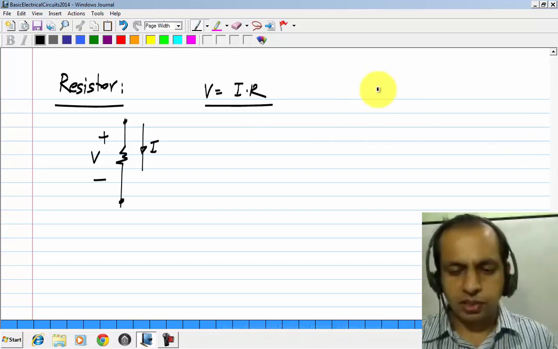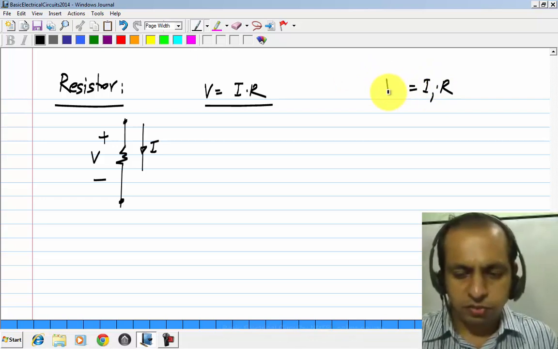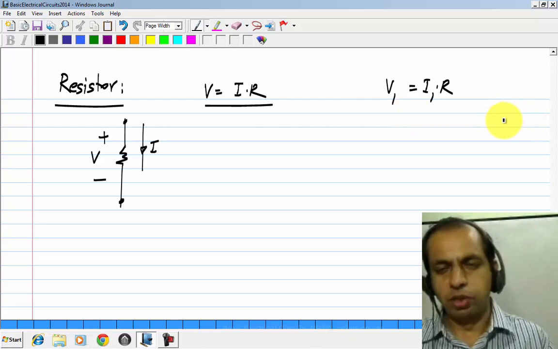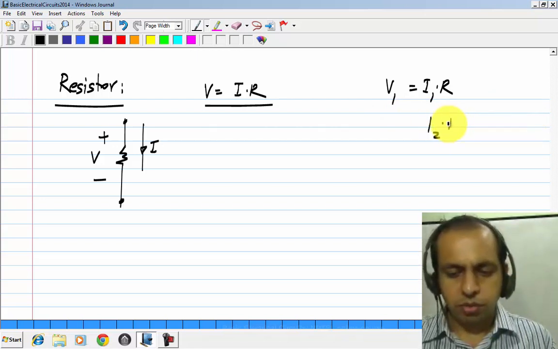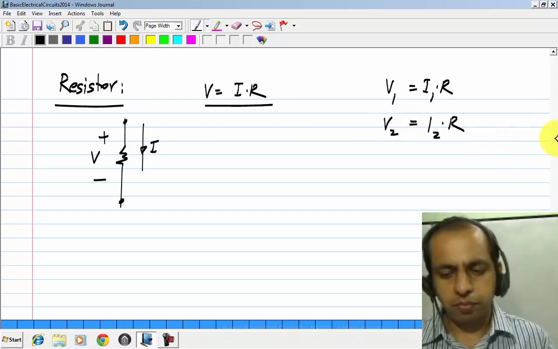So let's say when the current was I1, the voltage was V1. Obviously the resistor obeys Ohm's law and V1 equals I1 times R, and when the current is I2, the voltage is V2 and V2 equals I2 times R.